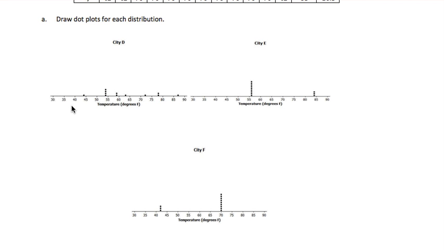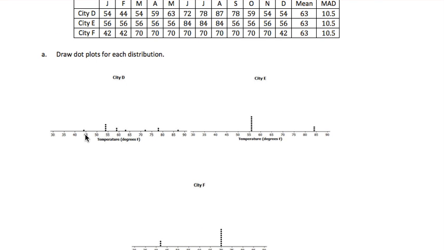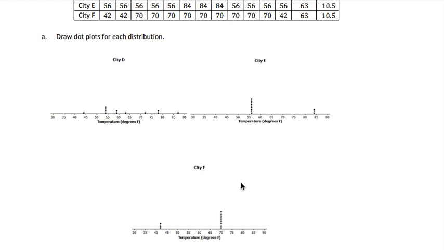So as we look at the dot plots for the three cities, we can see that city D is spread out quite a bit more, and city E has a lot more data to the left, while city F has a lot more data to the right, suggesting that city F is warmer most of the year, where city E is cooler most of the year. And city D has a lot of variability. It is not cold nor hot all year long.